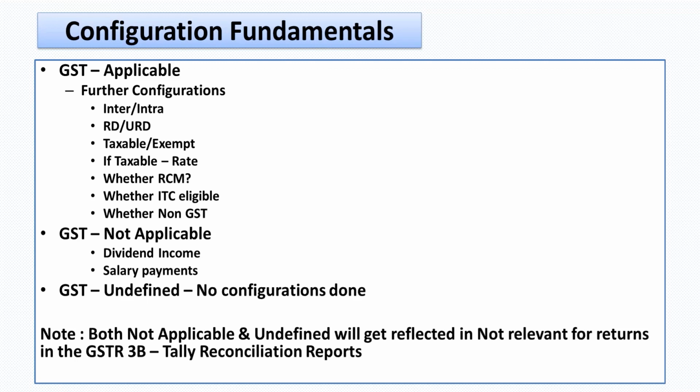Since it is a block credit under section 17(5), in Tally we can configure that ITC as ineligible, and that will flow into the appropriate return column for 3B purposes. And if I am a supplier of petrol, diesel or oil, which is non-GST, or alcoholic liquor for human consumption, I can configure it as non-GST, be it outward supply or inward supply.